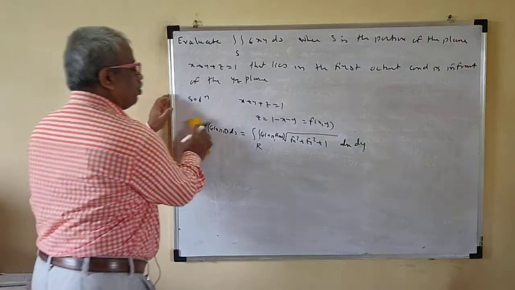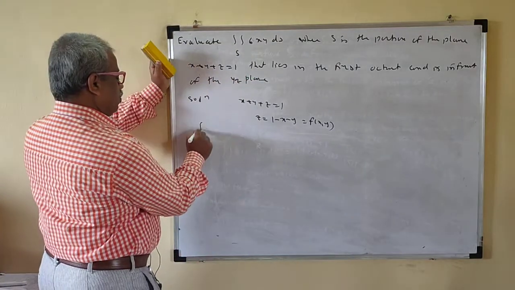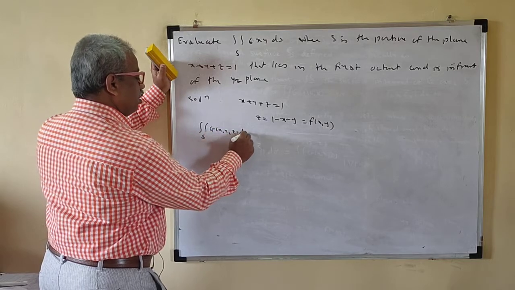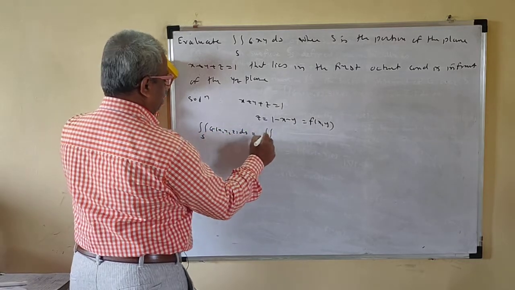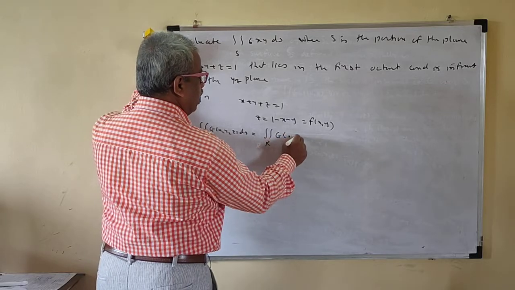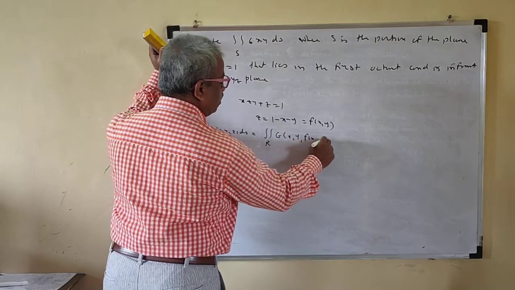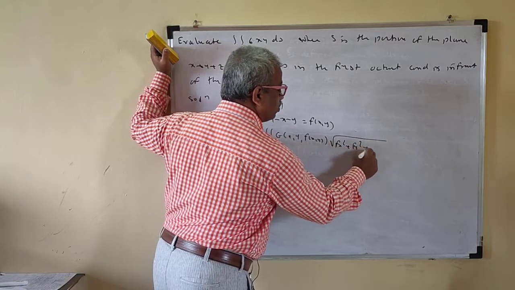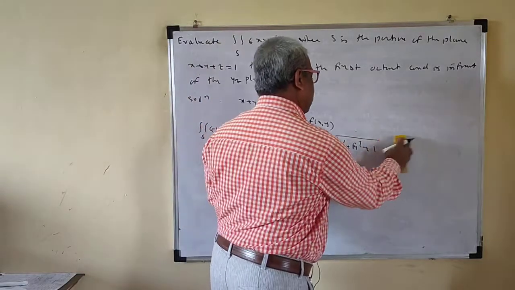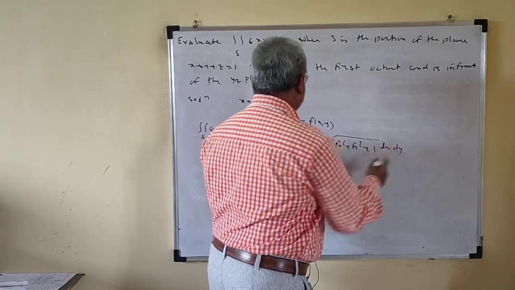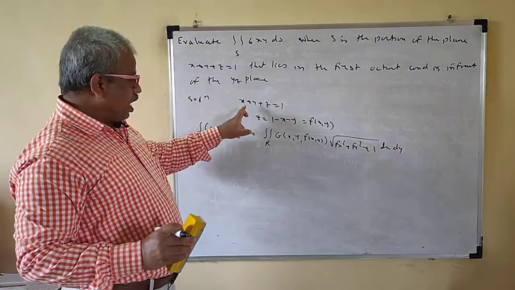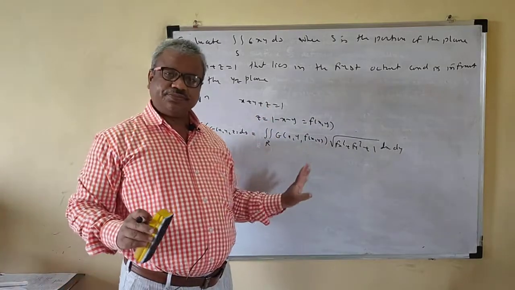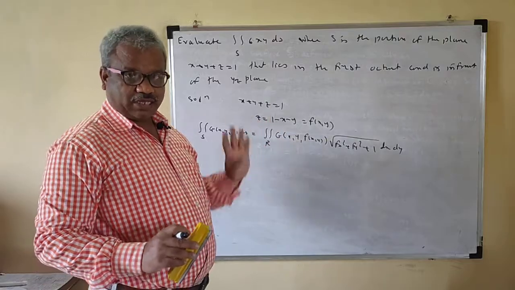The double integral over S of g of x, y, z dS is equal to the double integral over R of g of x, y, f of x, y times the root of f_x squared plus f_y squared plus 1, dx dy. If you take x equal to 1 - y - z, then this will be changed. But it is better to take z equal to.